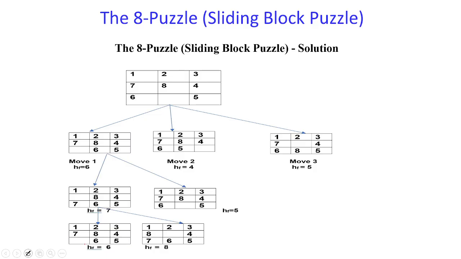Now I have to move 7 here and 8 here. So if this is the current state, if I move 7 here, this place will become blank. And in the next move, I can move 8 here. So this will be my goal state. So this problem basically depends on the Manhattan distance or the misplacement of tiles.